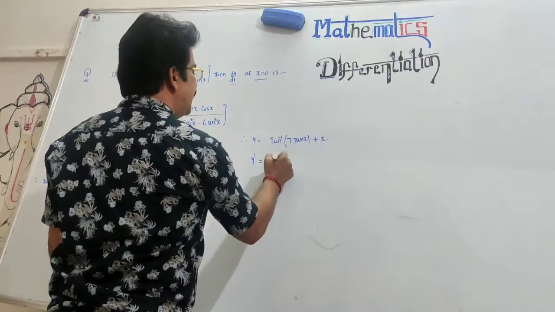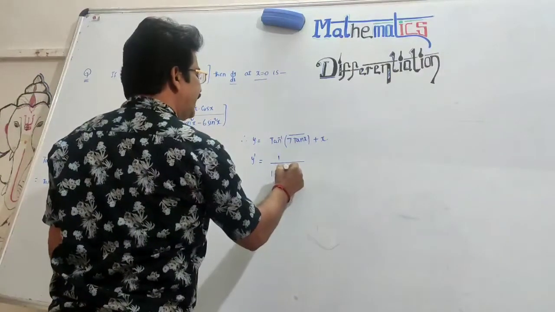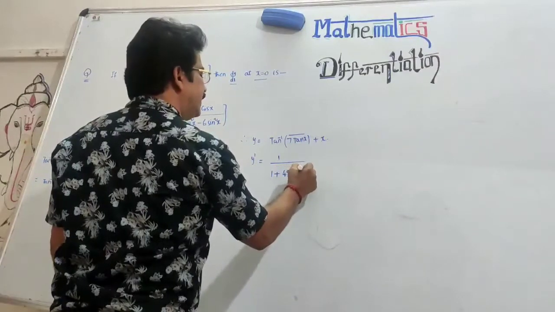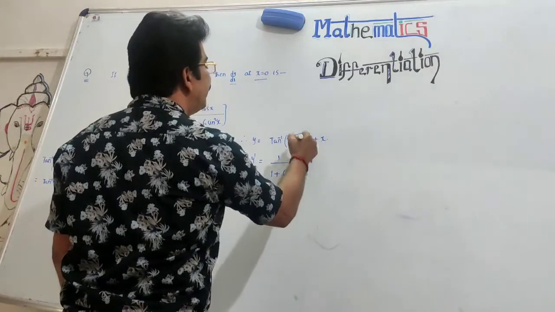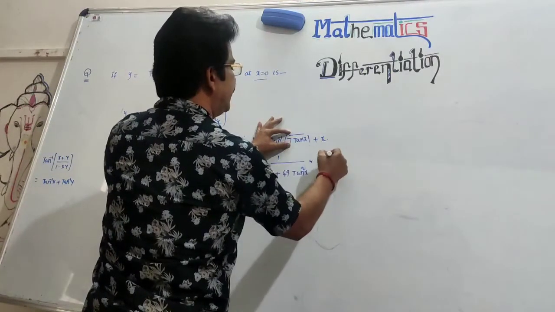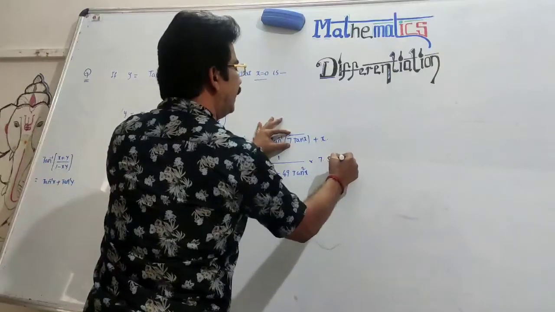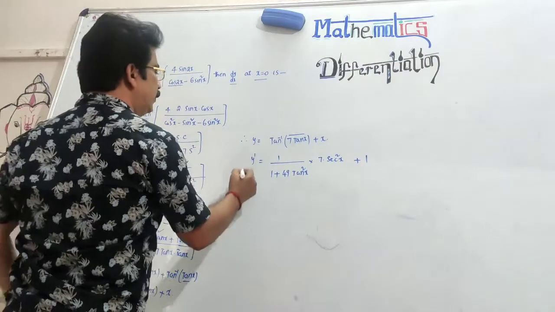So using that, 1 by 1 plus f of x whole square means 1 plus 49 tan square x, into f dash of x. F dash means 7 into derivative of tan x, secant square x, plus derivative of x, 1. So this is y dash.